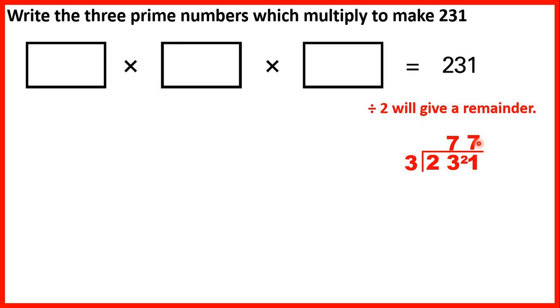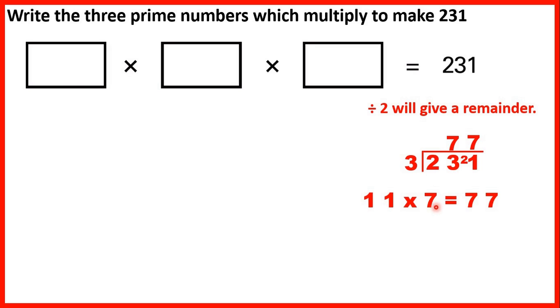So if we divide by 3, we get 77. So if this number here is 3, our other two numbers will need to give a product of 77, because this shows us that 77 times 3 is 231.